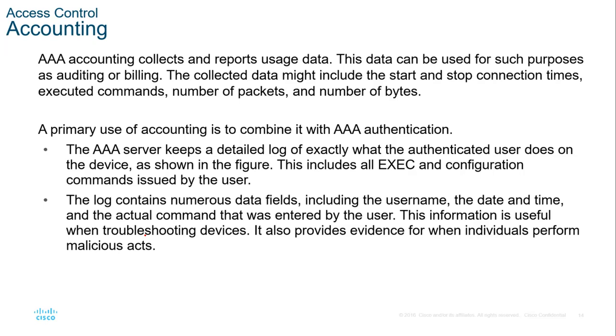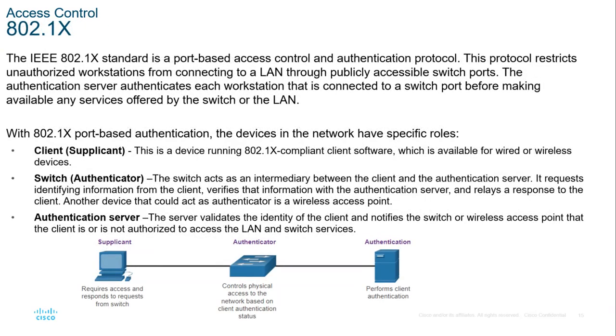So the AAA server keeps a detailed log of exactly what the authenticated user does on the device, as shown in the figure. The log contains numerous data fields, including username, date, time, and the actual command that was entered by the user. This information is useful when troubleshooting the device in case you have a challenge on the network.